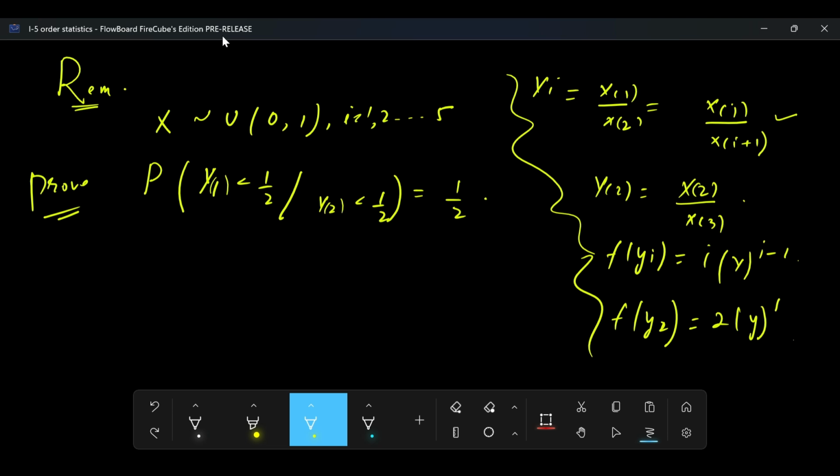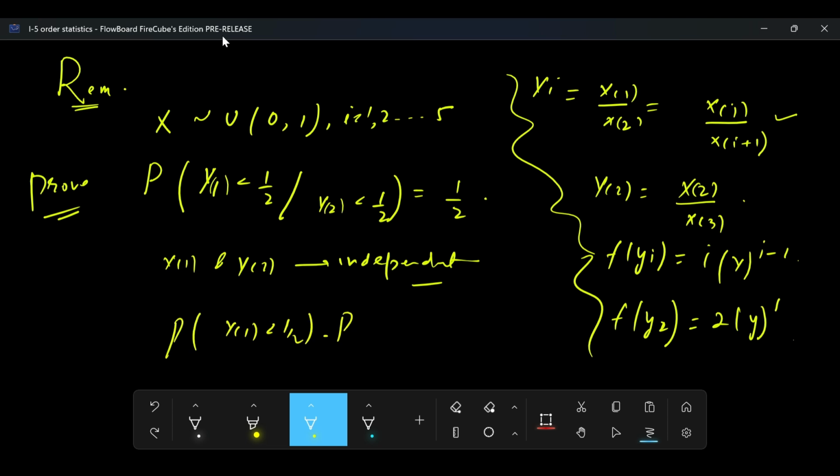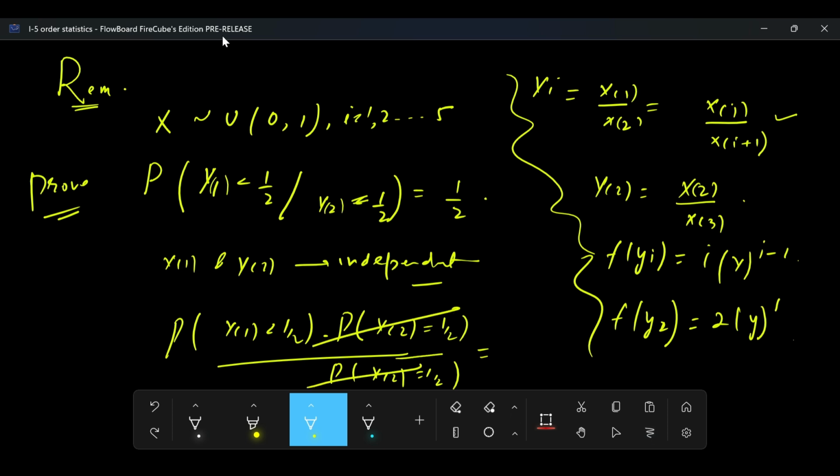I told you that y1 and y2 will be independent. Now, using the conditional distribution here, probability y1 is less than 1 by 2, given probability y2 is equal to 1 by 2. So whenever this is independent, then this and this will go.